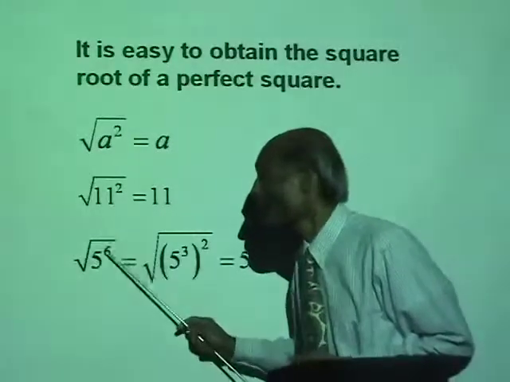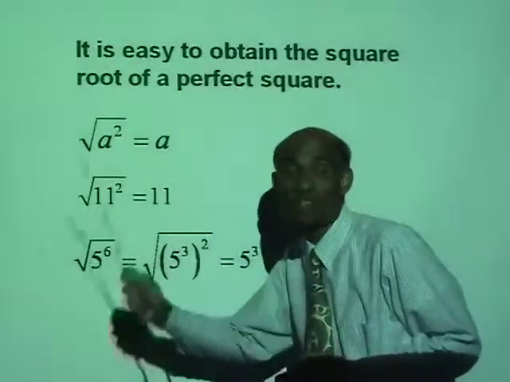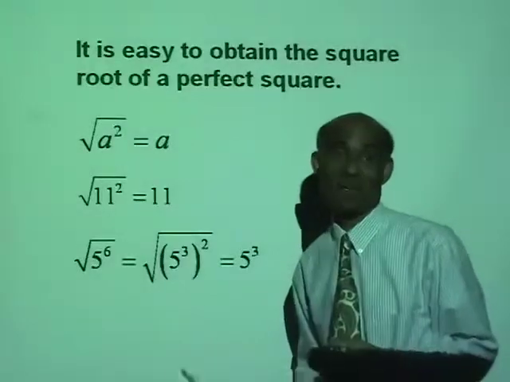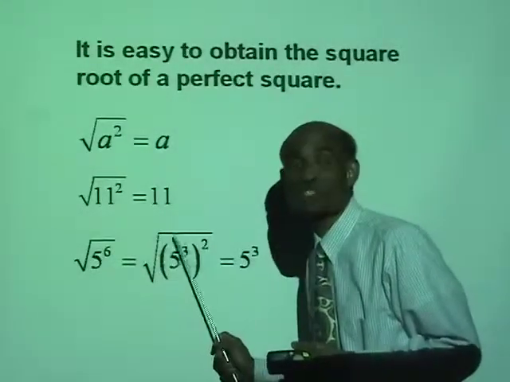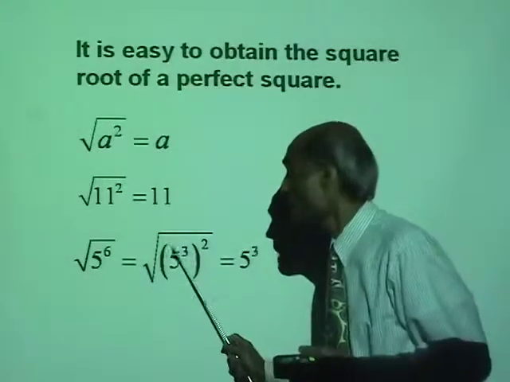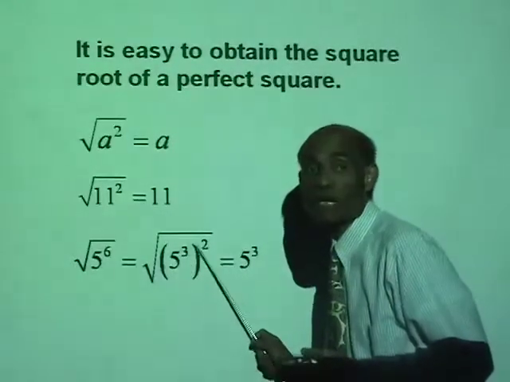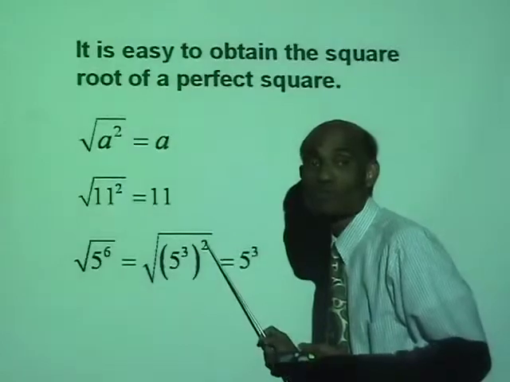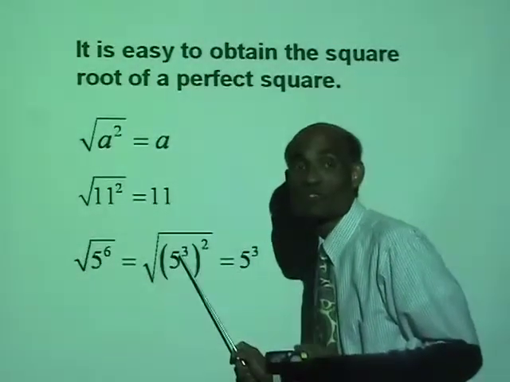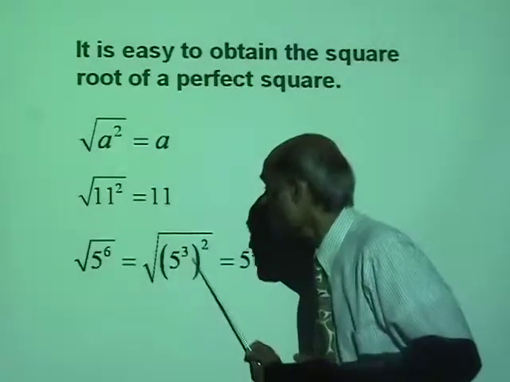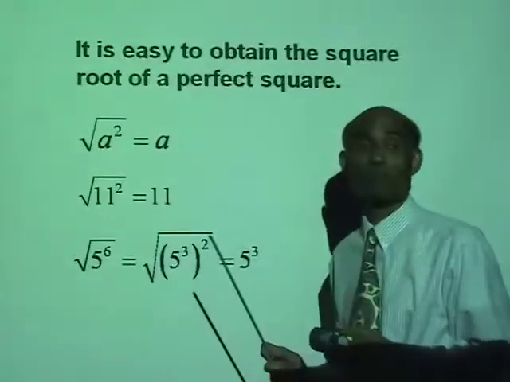Square root of 5 to the power 6. Now, you must learn this technique. 5 to the power of 6 can be written as 5 to the power of 3 raised to the power of 2. So, the square root of 5 to the power of 6 is 5 to the power of 3.